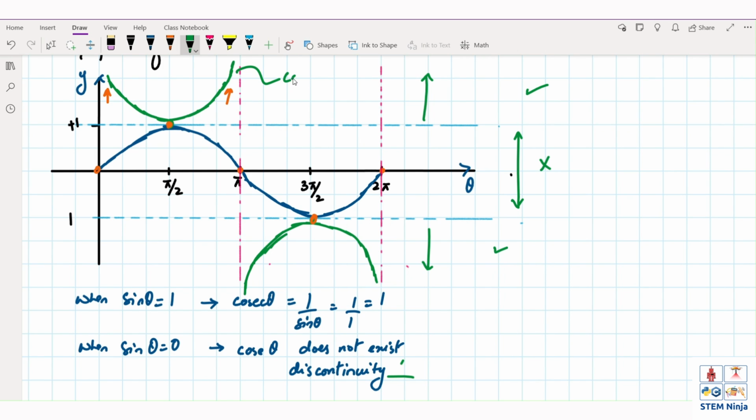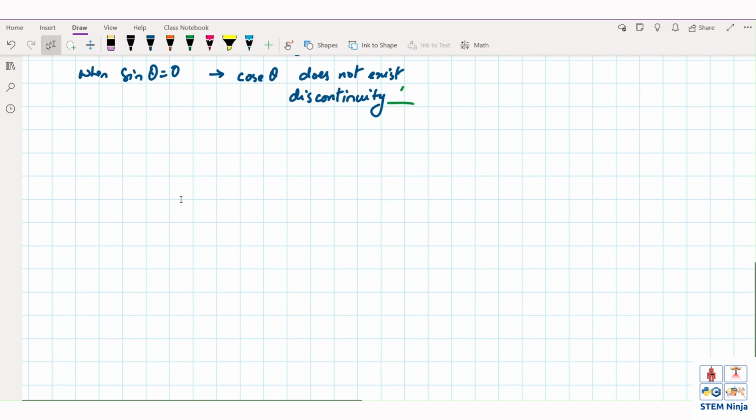So green is our cosecant theta, and the blue is our sine theta. All right, now let's see about the cosine and the secant, which is actually going to be very similar to this one.